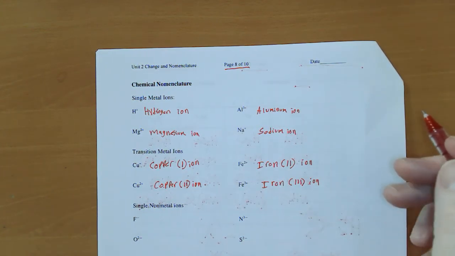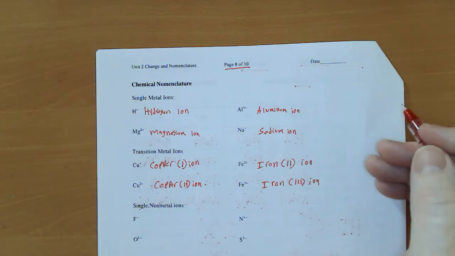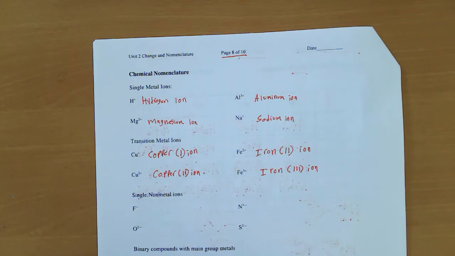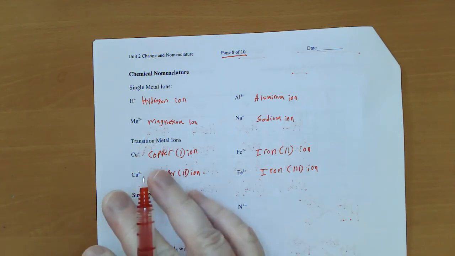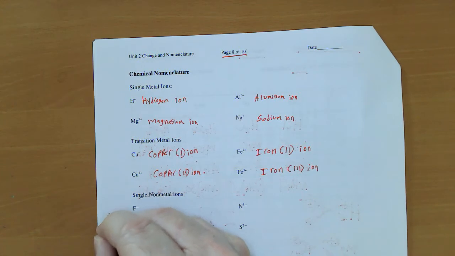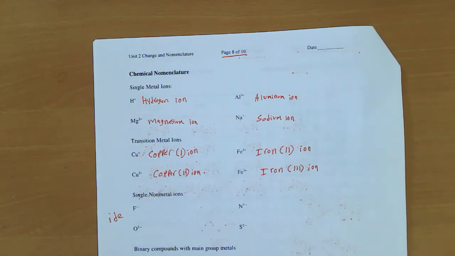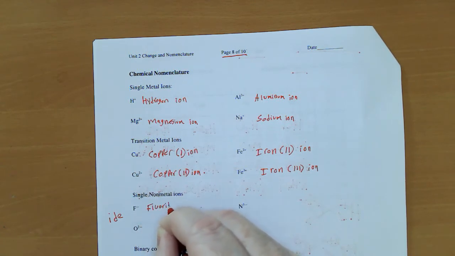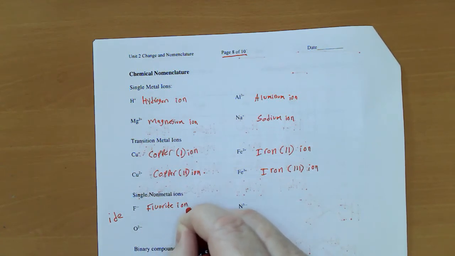Okay, the far right of the periodic table are our nonmetals. We have to do something a little bit different for them just to indicate that they're nonmetals. So we now go to a name ending that is IDE. So instead of calling this the fluorine ion, we call it the fluoride ion.